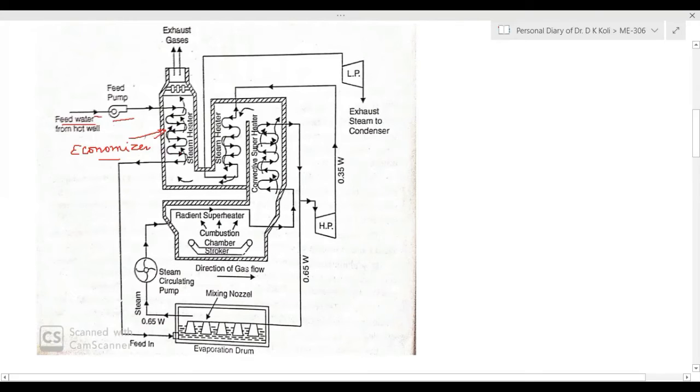Then after passing this section, the water is following this passage and entering here. There is an evaporation drum. This whole drum is called the evaporation drum, where the evaporation of the water will take place. Is it clear till that point?